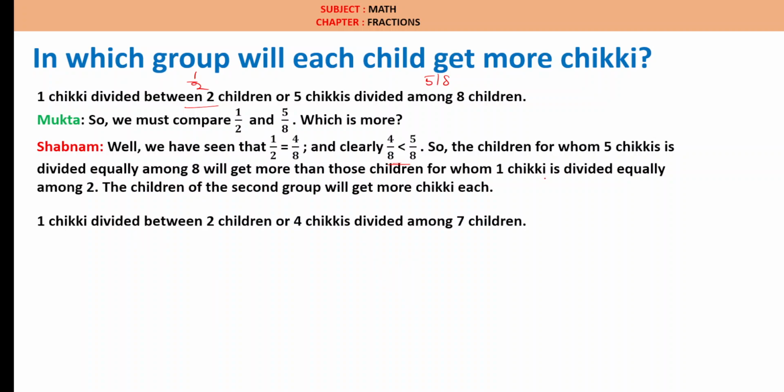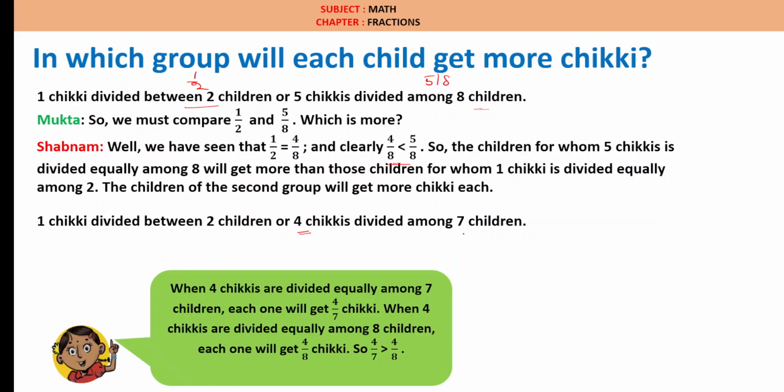Now, one more discussion started. If 1 chikki is divided between 2 children, the first part is right. Then 4 chikkis are divided among 7 children. Now here, the quantity of chikki is reduced compared with the earlier one, and the number of children also changes from 8 to 7. So we need to compare them. When 4 chikkis are divided equally among 7 children, each one will get 4 by 7 of a chikki.